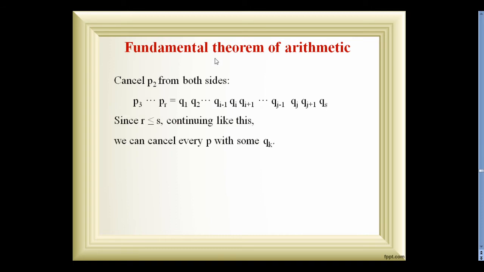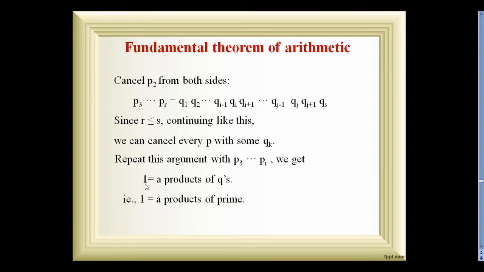Now repeating the same process, since r is less than or equal to s, continuing like this, we can cancel every p with some qk. Every time, one q element and one p element will cancel on both sides.